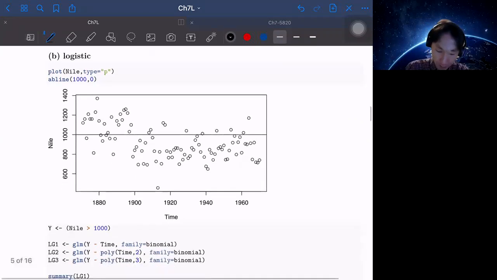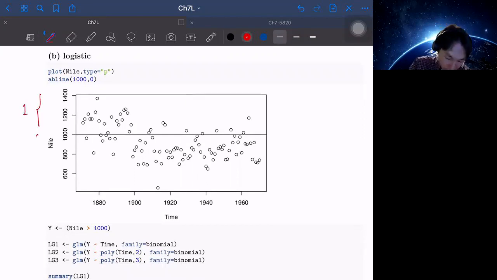Yep, and the next one is logistic regression. So sometimes we can dichotomize the variable. Basically, we assign 1 for here and a 0 for here. So we want to see if the water level exceeds 1,000 or not.